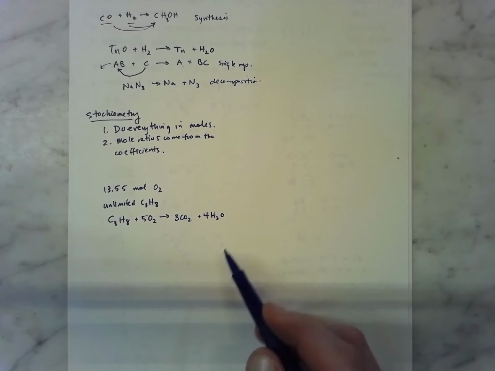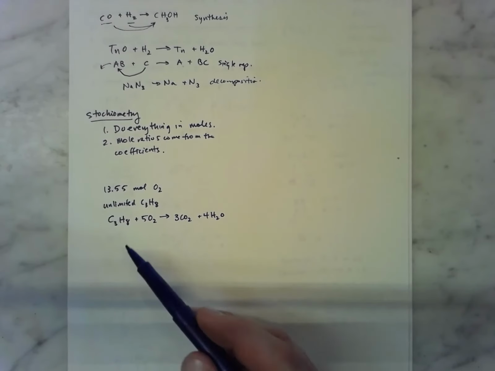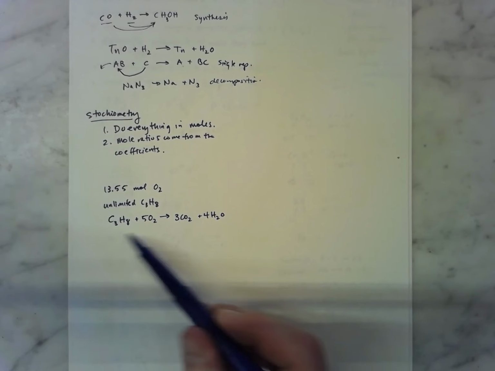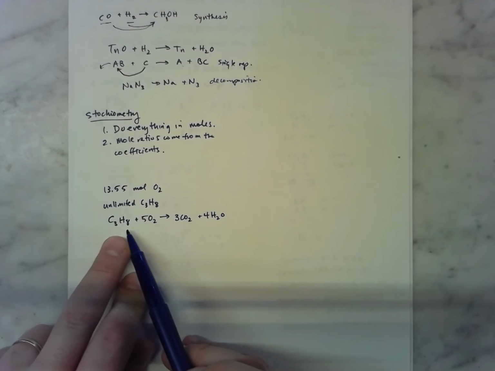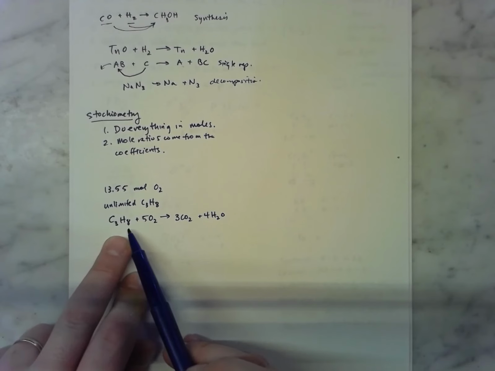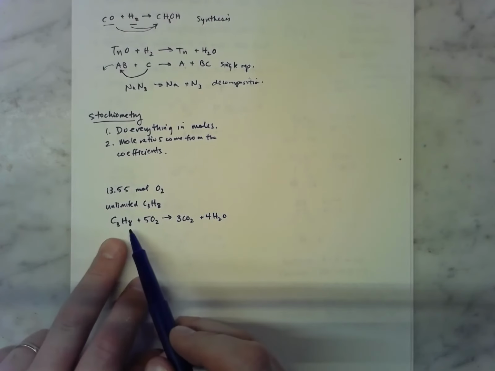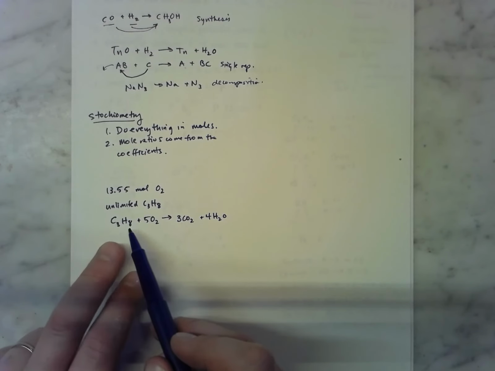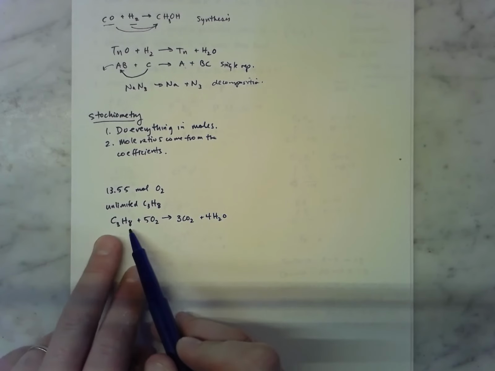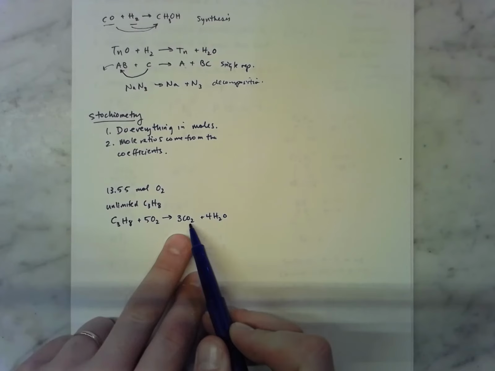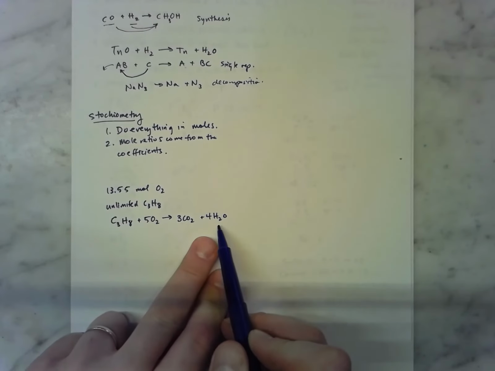Let's analyze this a little more before we get going. This means that if we have 1 mole of propane, literally 6.022 times 10 to the 23rd molecules, we would need 5 moles of oxygen to react with that 1 mole to produce 3 moles of CO2 and 4 moles of water.